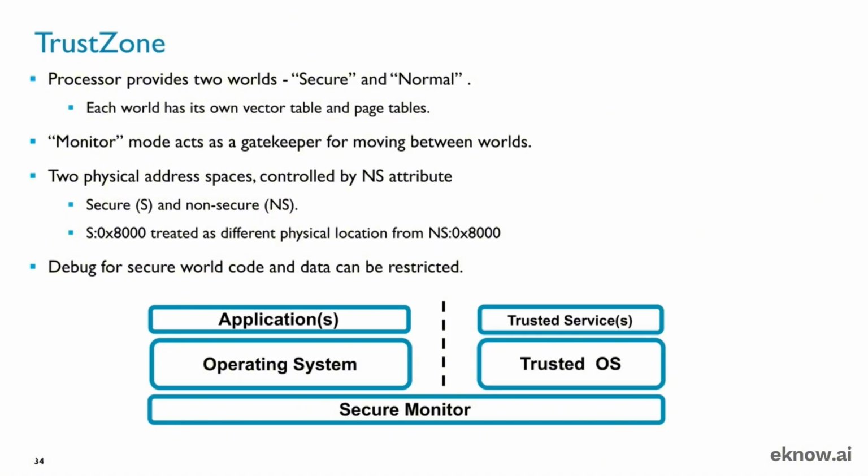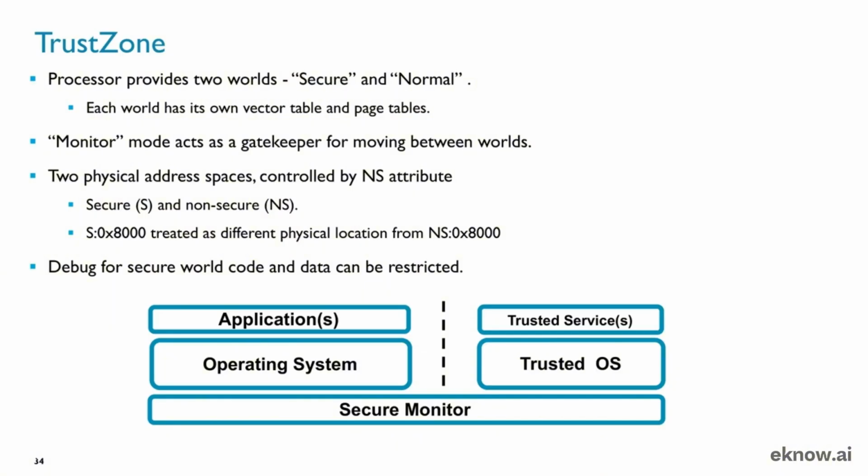The secure monitor, which you see at the bottom of the diagram, is a small piece of highly privileged code that manages the transition. It saves the state of the normal world, switches the processor into the secure state, and then allows the trusted OS to run. It's the only bridge between the two worlds, and it's heavily fortified.